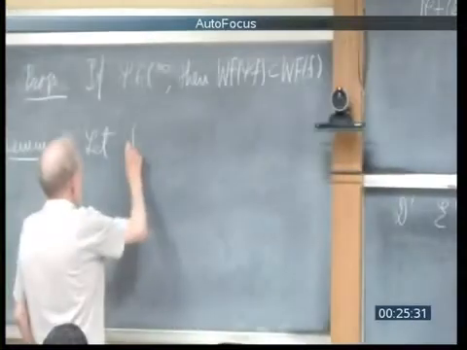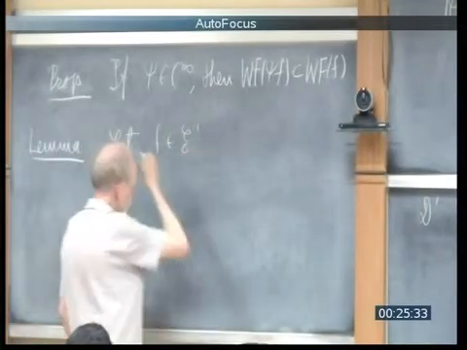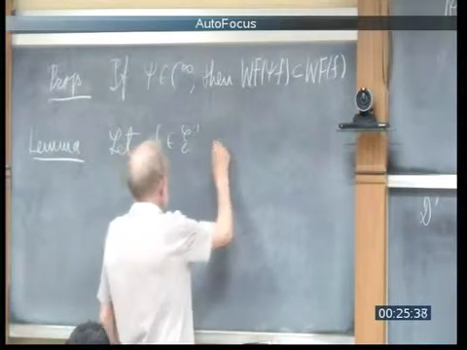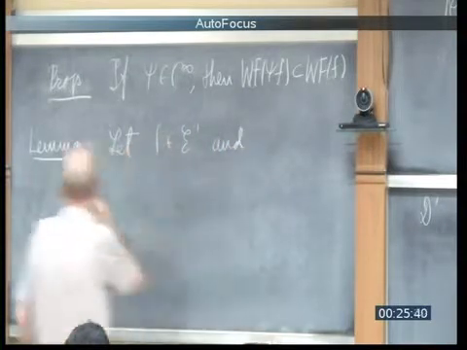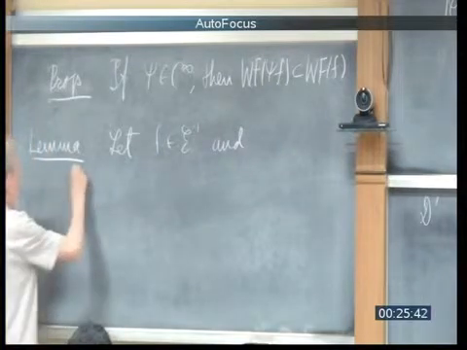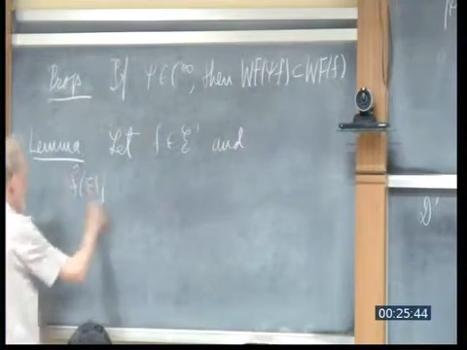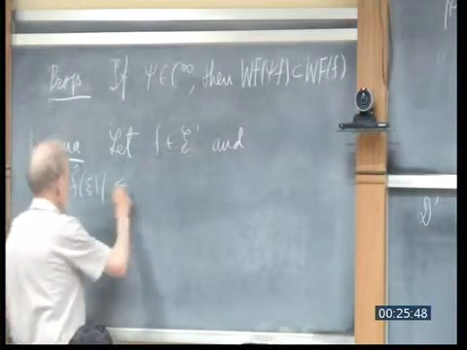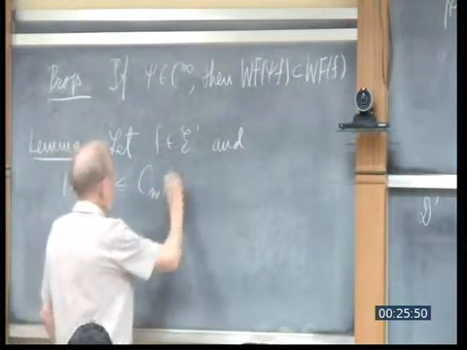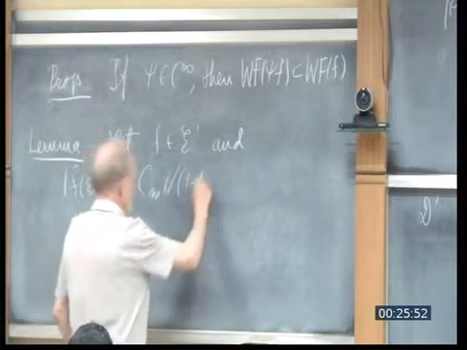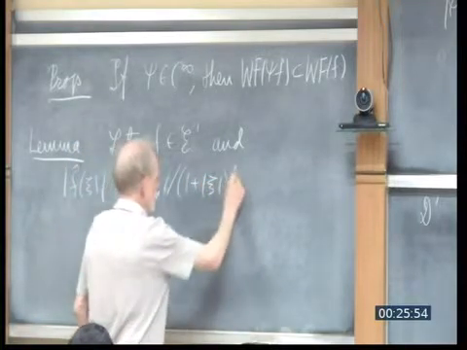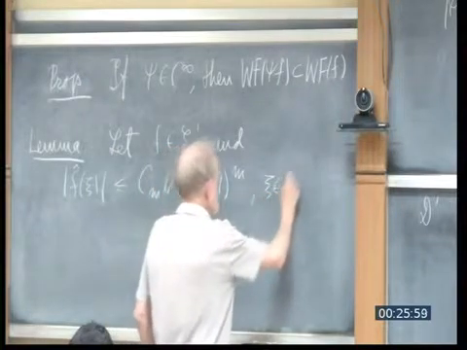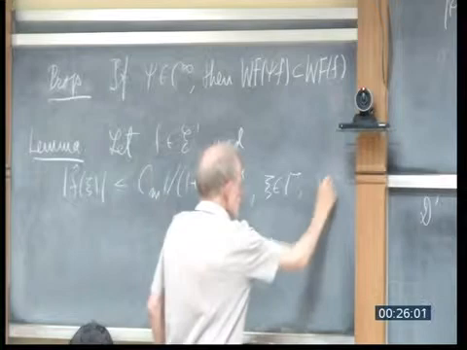Let f in E prime, and suppose f has a Fourier transform that decays rapidly in some open cone, like that, so that the Fourier transform times (1+|xi|)^n is bounded in some open cone for every n.